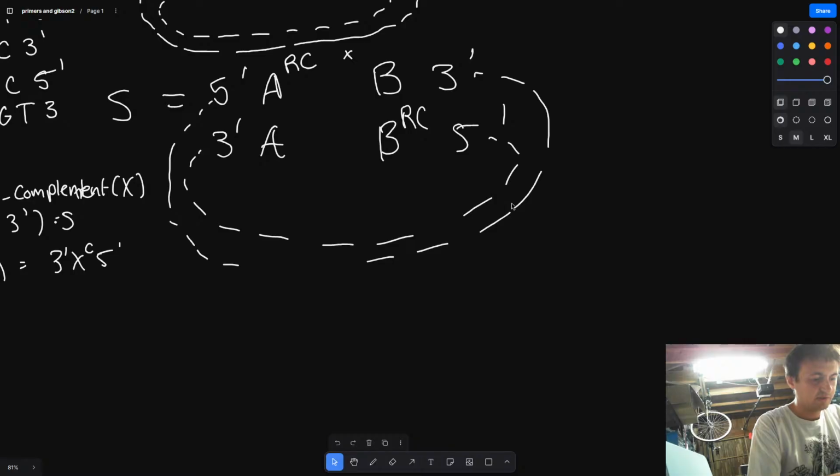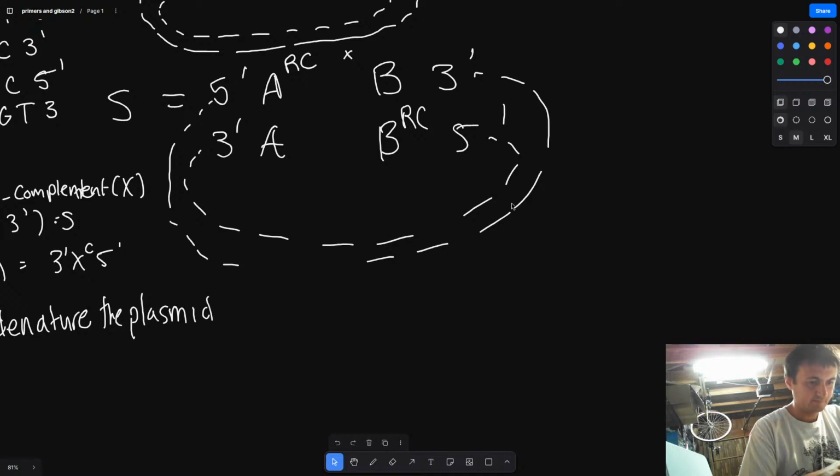Okay, but now the point is, when S denatures, so let's say we denature the plasmid. Now what we're going to have is 5 prime ARC B, 3 prime, and then we're going to draw some space in between here.